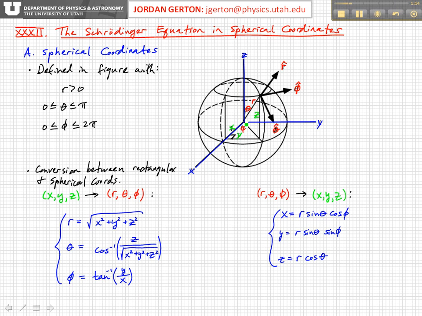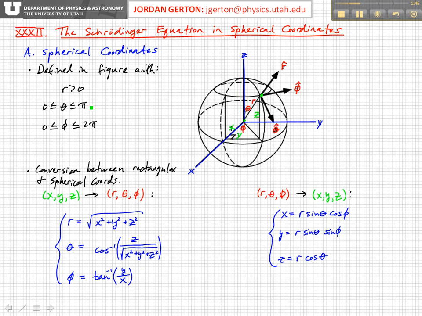axes. And so if we imagine that we have our point that we're interested in describing in polar coordinates, we define our origin, which is clearly here, and we define an angle theta, which is with respect to the positive z direction. Okay, so theta, as is indicated here, is with respect to the positive z direction, and so it only goes from 0 to pi.